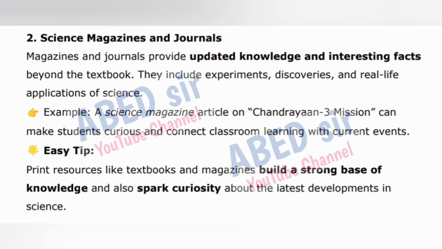Magazines and journals provide updated knowledge and interesting facts beyond the textbook. They include experiments, discoveries, and real-life applications of science. Example, a science magazine article on Chandrayaan-3 mission can make students curious and connect classroom learning with current events. Easy tip.